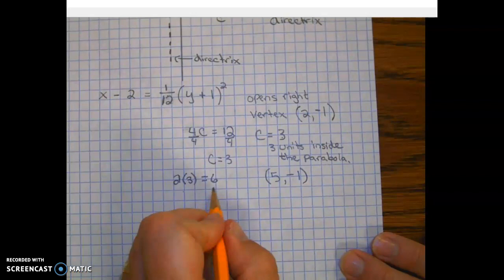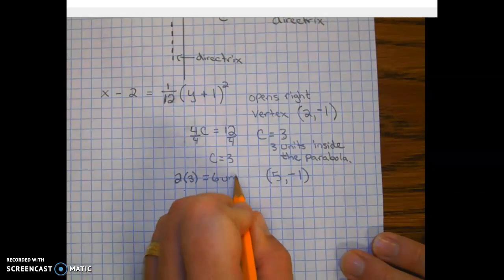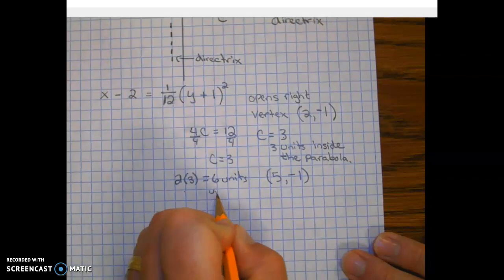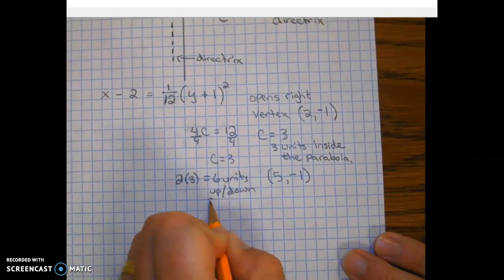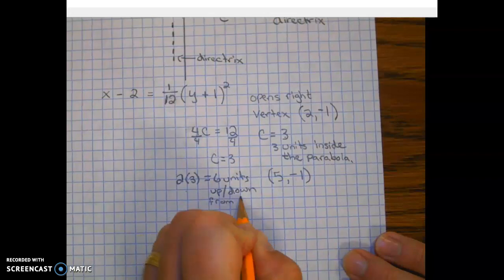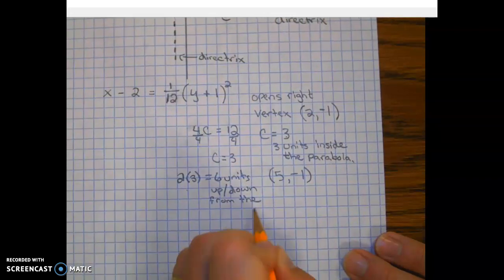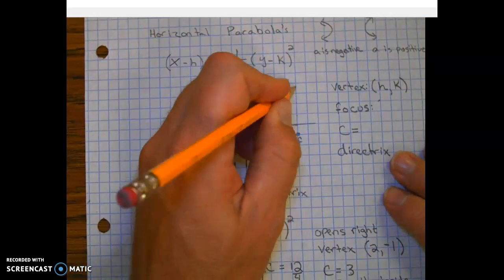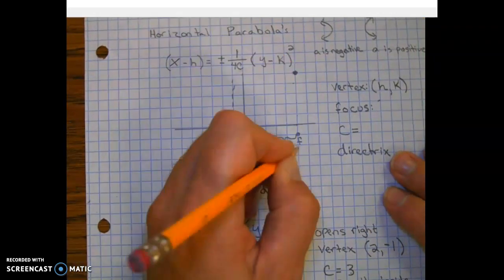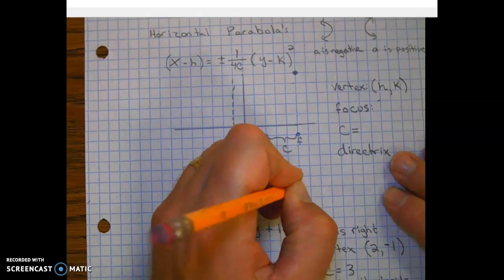That means we want to go 6 units up and down from the focus. Okay, so let's do that. 1, 2, 3, 4, 5, 6. 1, 2, 3, 4, 5, 6.